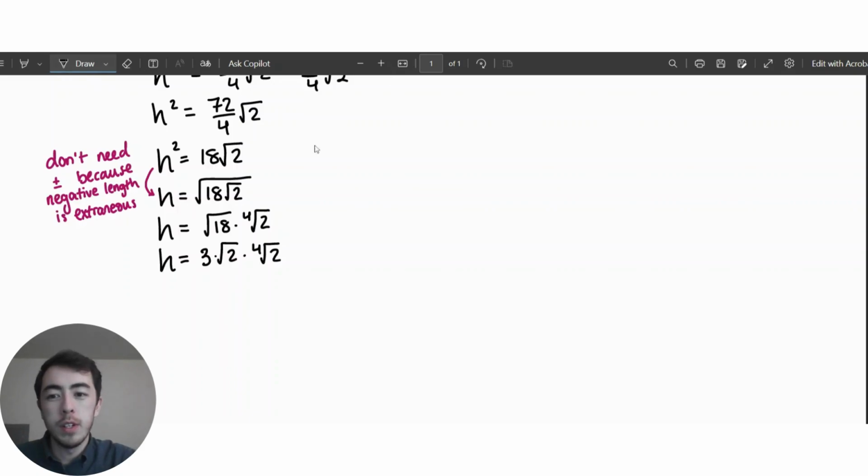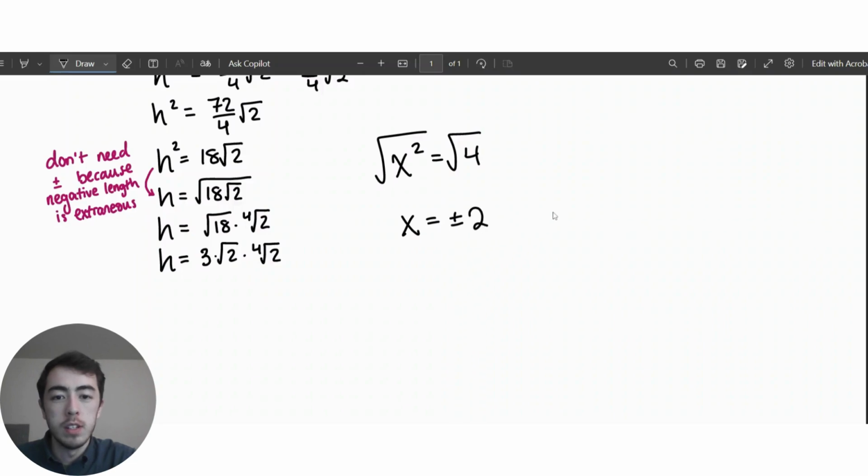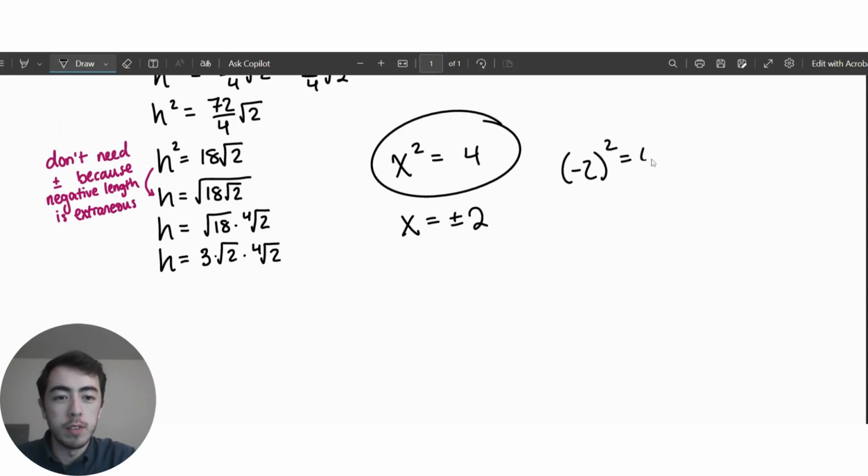A quick algebra note: when you have a variable squared that equals some number and you hit both sides with a square root, you do typically need a plus or minus sign. That's because, looking back at the original equation up top here, I could take a -2 and square it and get 4, or it could have been positive. I don't really know, so that's why I usually need to consider both options.